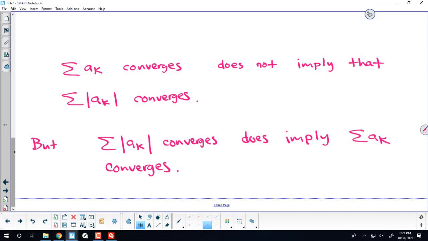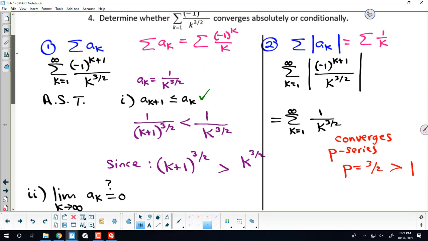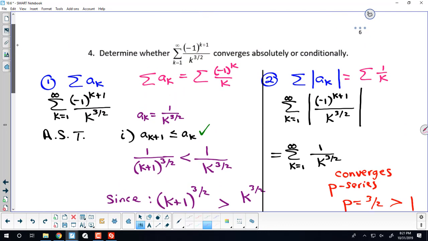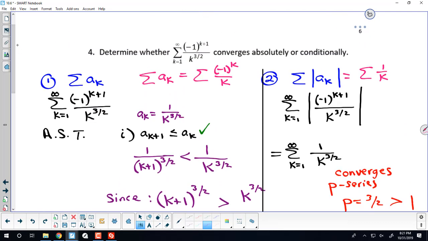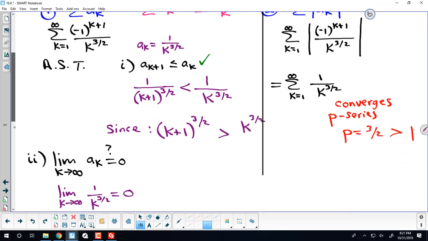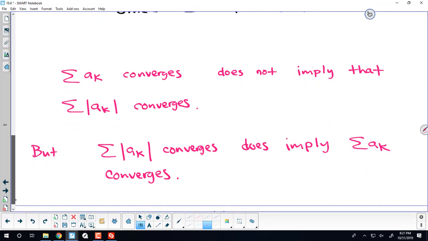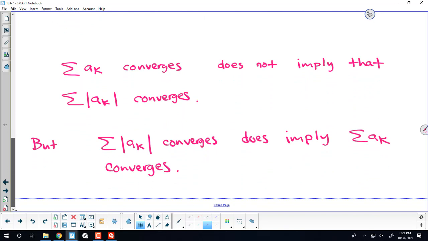So once we know that, which in theory we don't know yet, we could just start with this one. And if this converges in absolute value, it means the series converges absolutely. Valid point, very astute observation. But once we see the theorem, we're good to go.